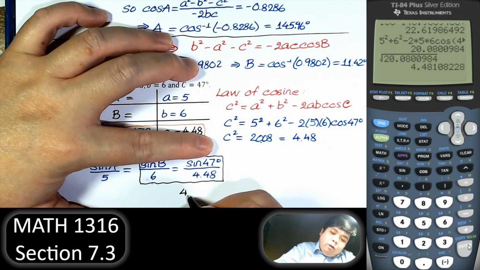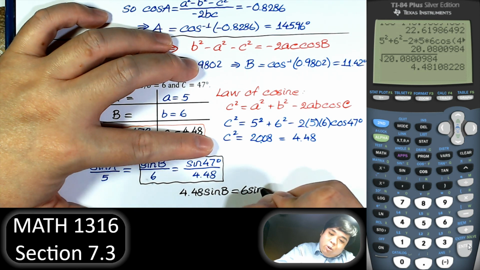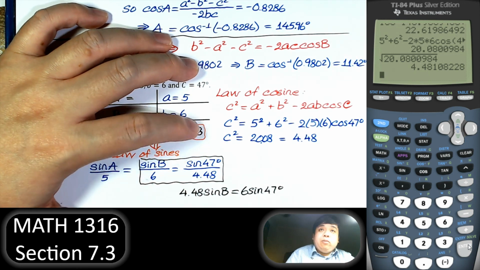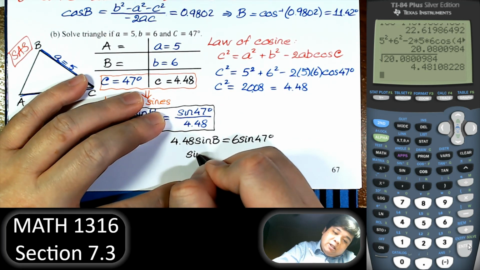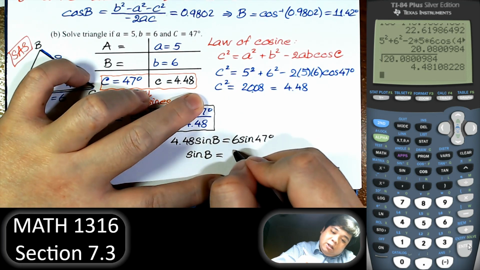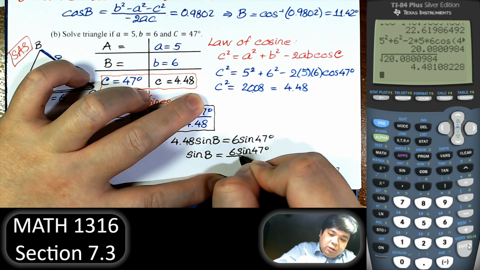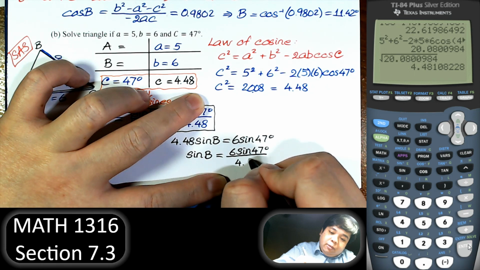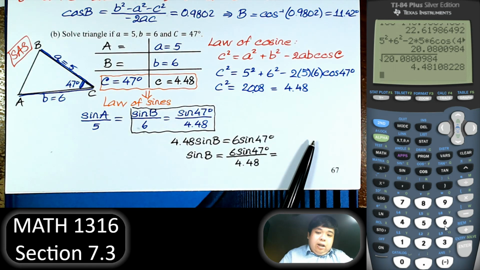So 4.48 sine B equals 6 sine of 47 degrees. So I'll solve for sine B first: 6 sine of 47 degrees divided by 4.48.